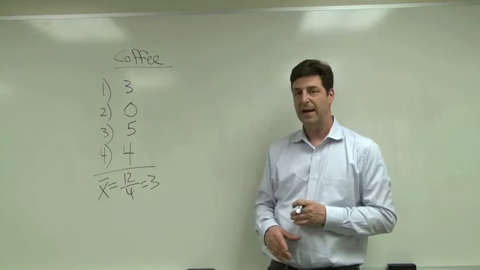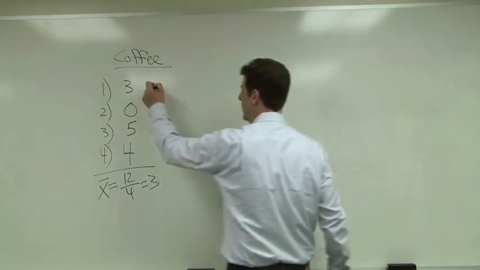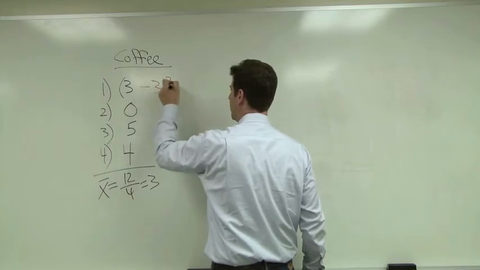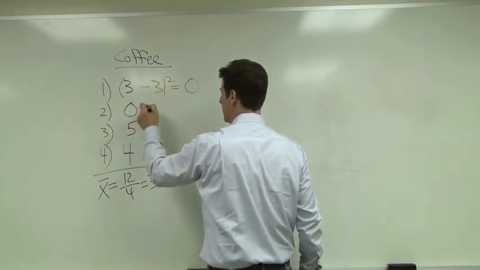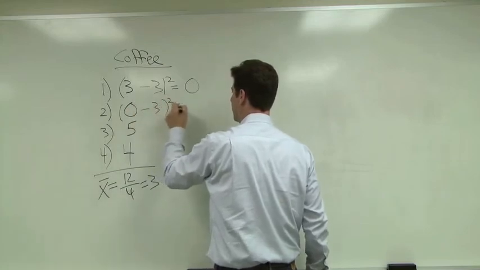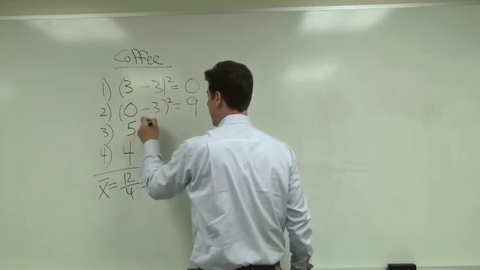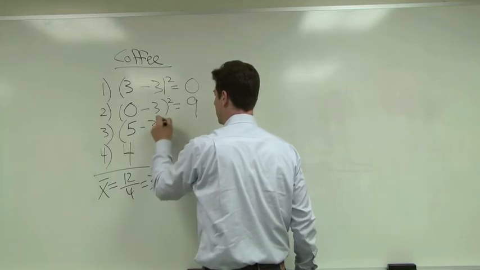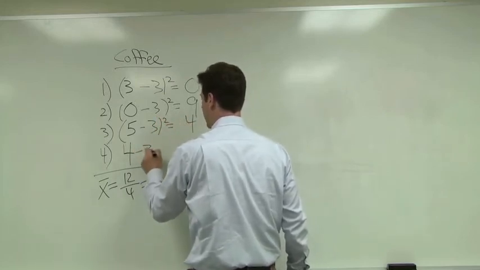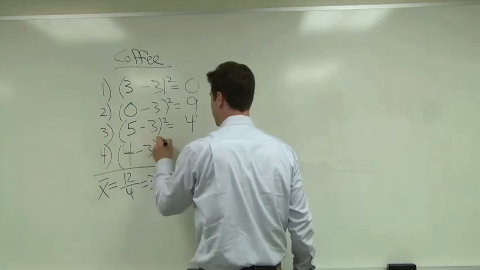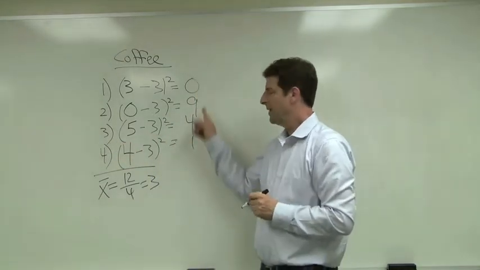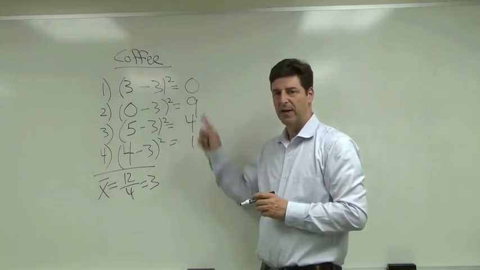So we'll do that now. 3 minus 3 squared equals 0. 0 minus 3 squared equals 9. 5 minus 3 squared equals 4. 4 minus 3 squared equals 1. That is my collection of squared deviations.